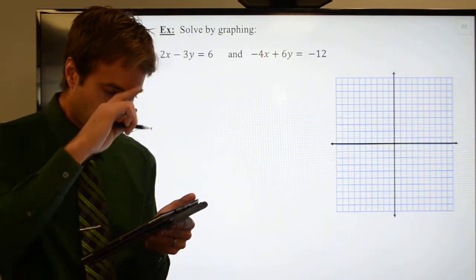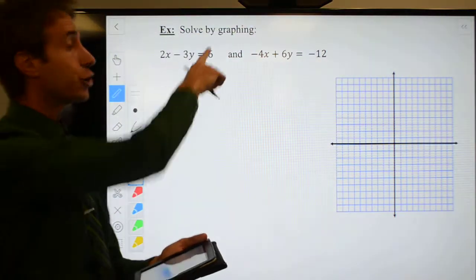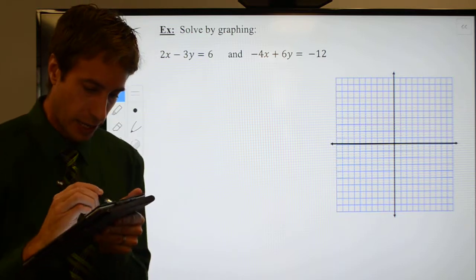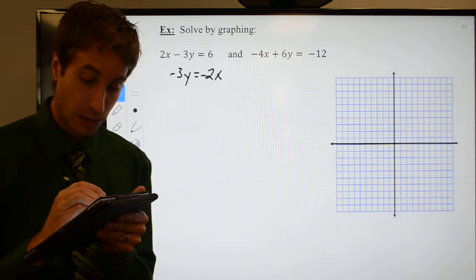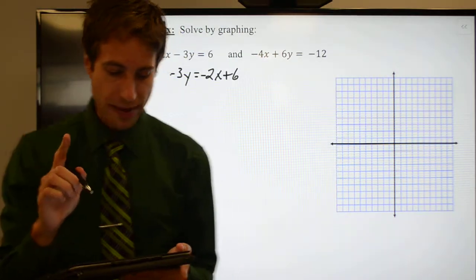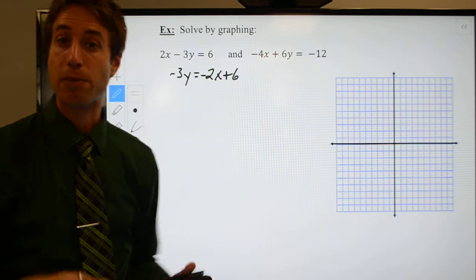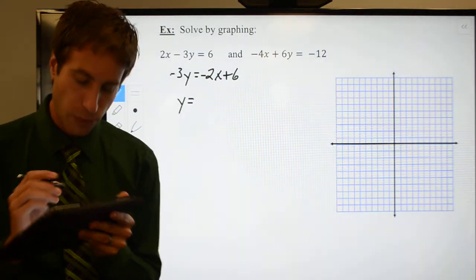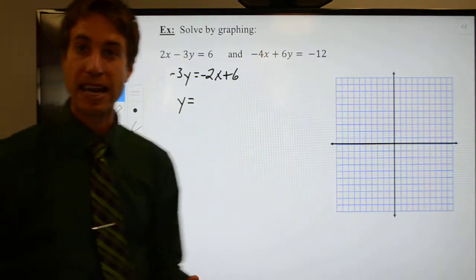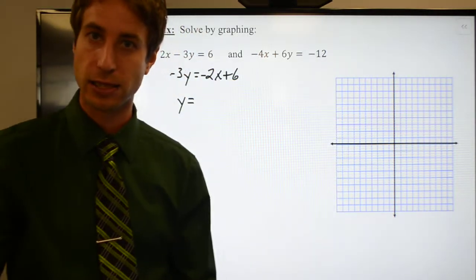Here we go. I'll have to subtract 2x to the other side. So that's going to give me minus 3y is equal to a negative 2x plus 6. Okay, great. Then I need to divide everybody by a negative 3. So that means I'm going to have y is equal to, now a negative 2 divided by a negative 3, the negative signs are going to cancel each other out.